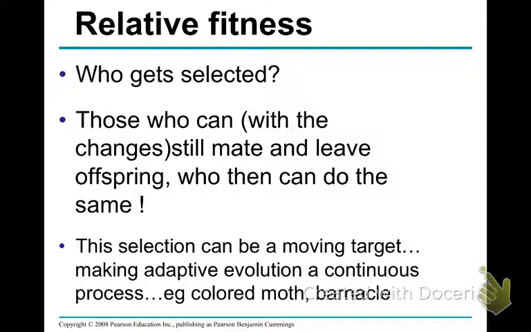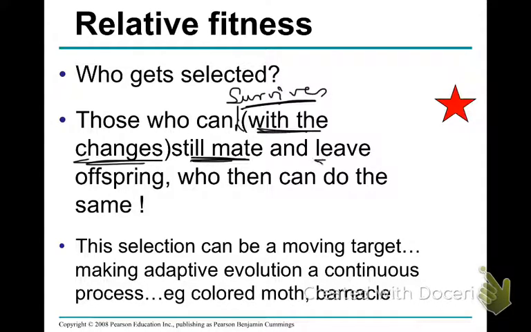Okay, then you have something known as relative fitness, meaning who decides who gets selected. The first and foremost in this, those who can survive with the changes being present and still mate and still leave offspring are the ones that can increase in number, and they are the ones that get selected.